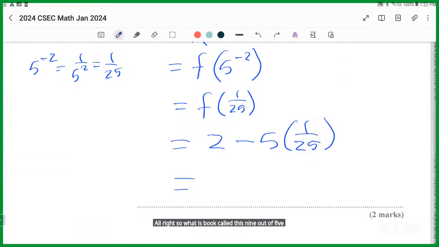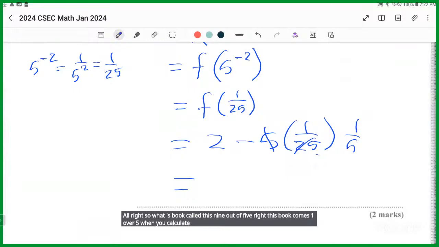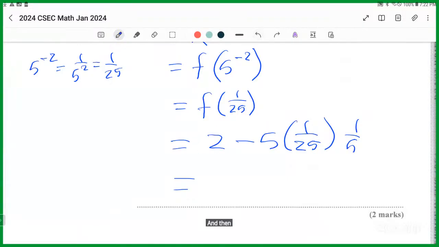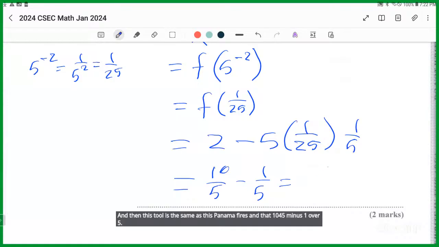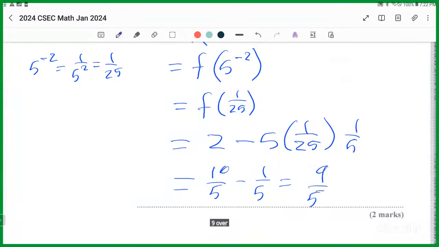Because this becomes 1 over 5 when you calculate. 5 into 25 goes 5 times here. And then this 2 is the same as 10 over 5. So 10 over 5 minus 1 over 5 becomes 9 over 5. Anyway, you work it out, that is it. 9 over 5. 2 marks for that.